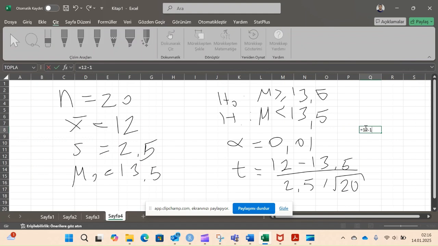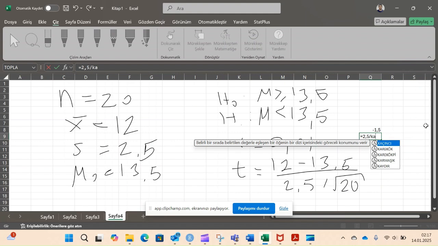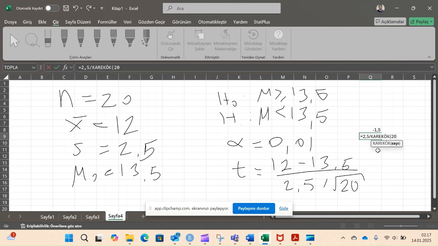I'll calculate here 12 minus 13.5, and 2.5 divided by the square root of 20. Minus 1.5 divided by 0.55 is minus 2.68.